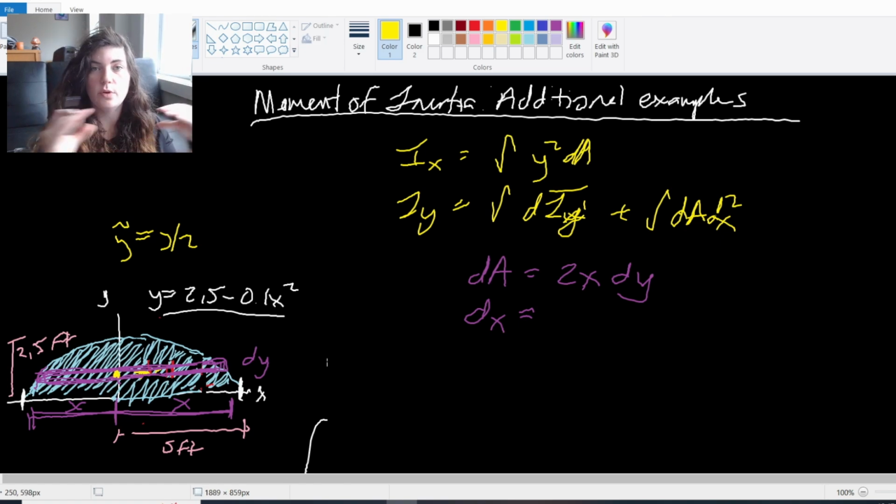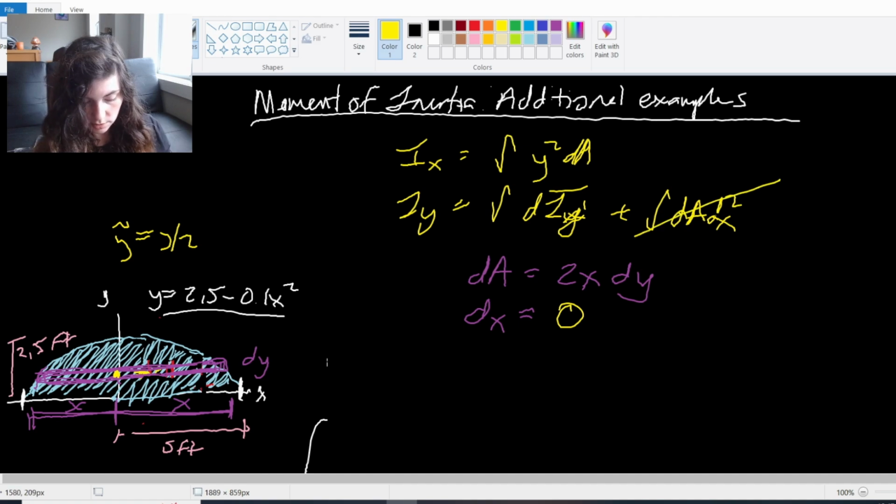Our centroid for these horizontal differential slices that we're taking are always going to be on the y-axis itself, right? It's actually never changing since this is symmetrical about the y-axis. So the centroid of this is 0, right? There is no distance between the y-axis and where the centroid of the bar is. So this is actually a big old 0, which means we don't need to worry about this term at all.